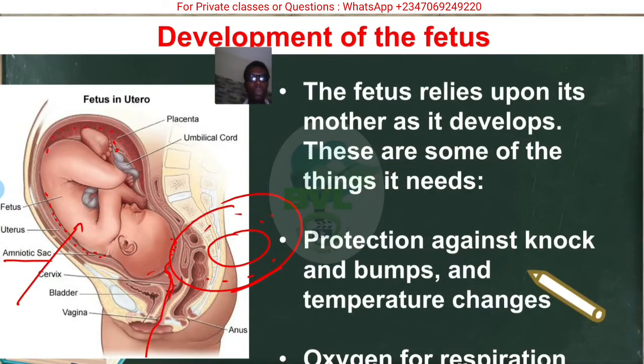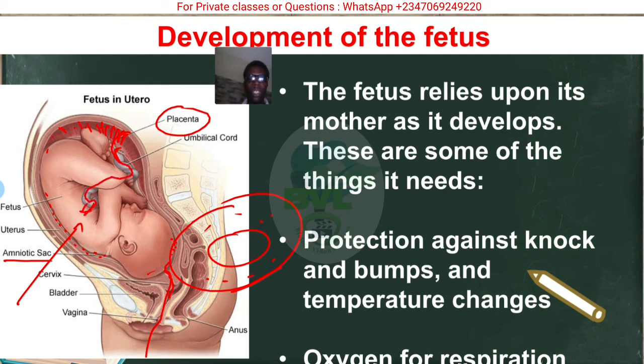Now at this point, this is the placenta. This part I'm putting a line on, that's the placenta. And this is the umbilical cord. So whatever the woman eats, she eats for two. The food she eats is digested, going into the bloodstream, so digested food goes from the mother's bloodstream to the baby.